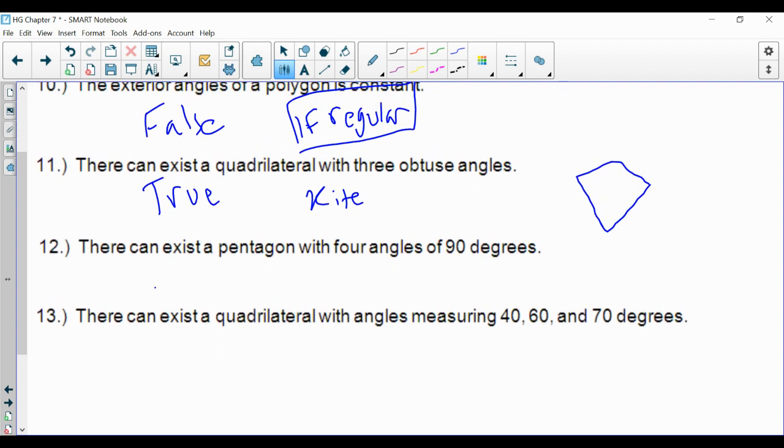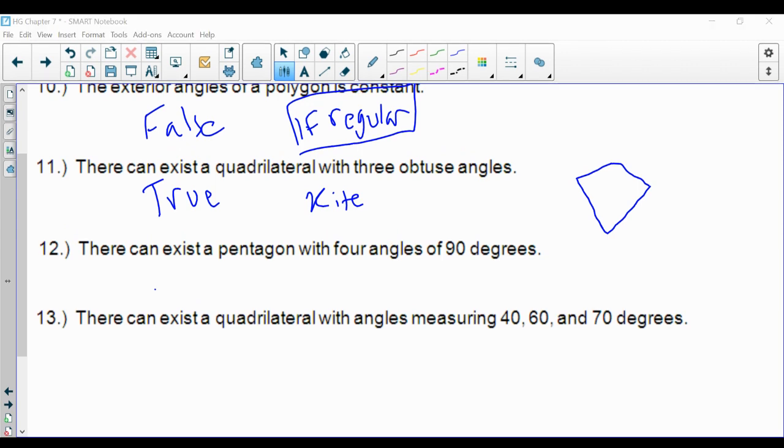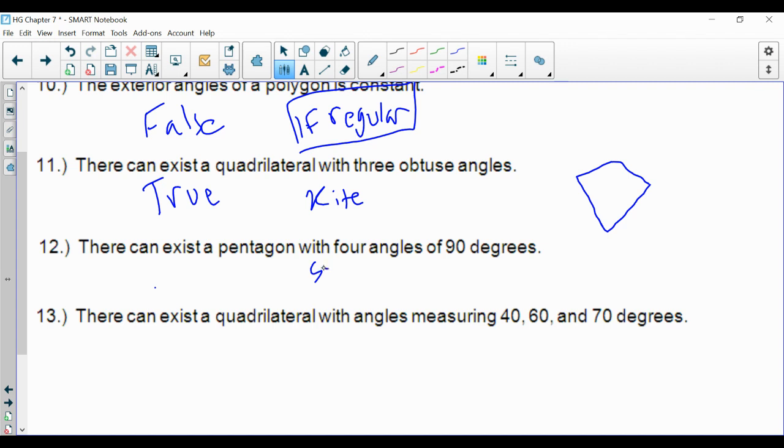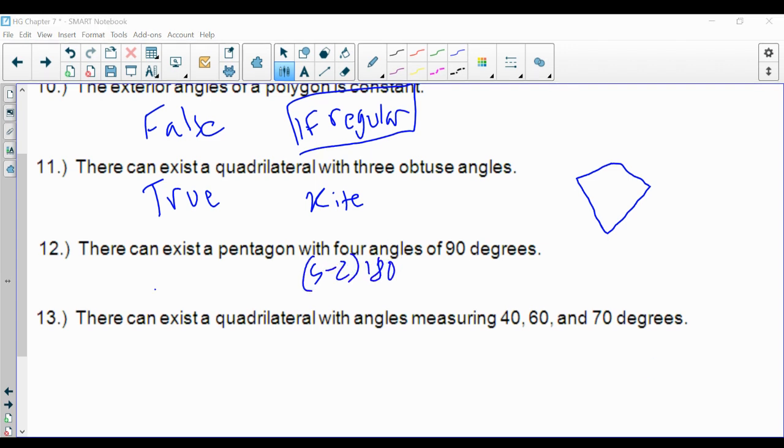There can exist a pentagon with 4 angles of 90 degrees. So 4 right angles. Let's think about what's the total amount in a pentagon. So let's do 5 minus 2 times 180, just to see what that equals.